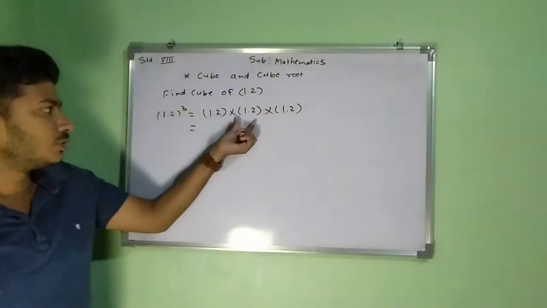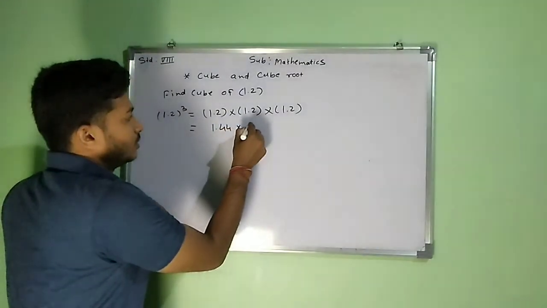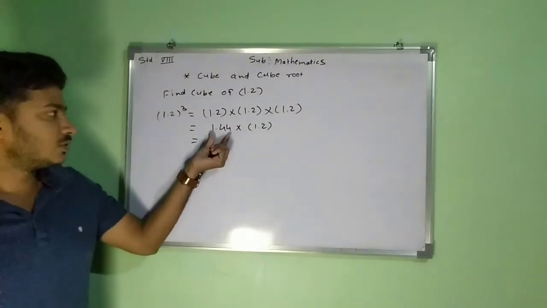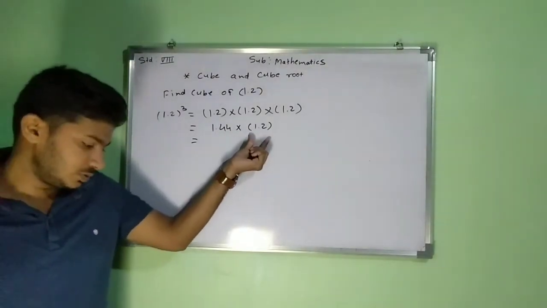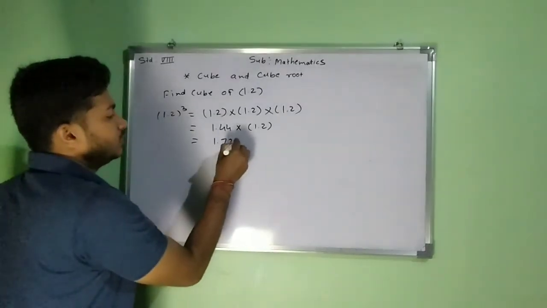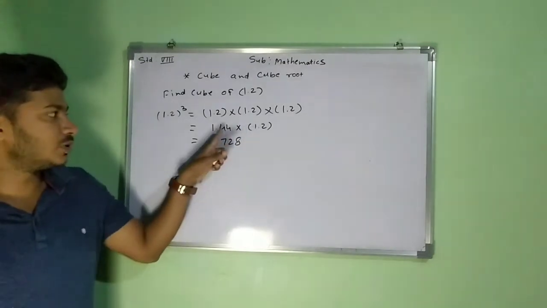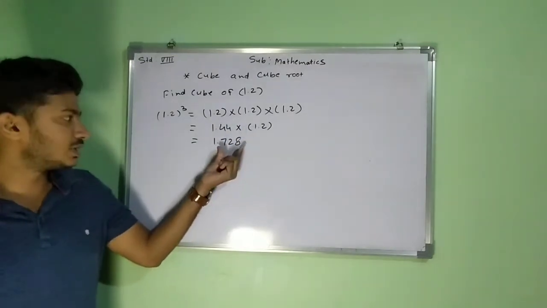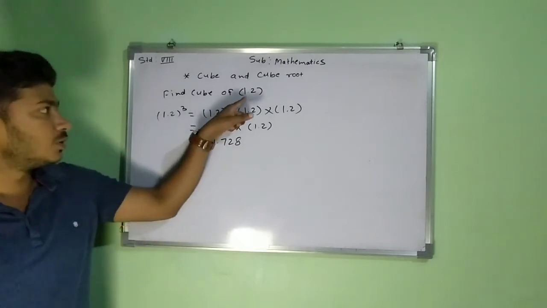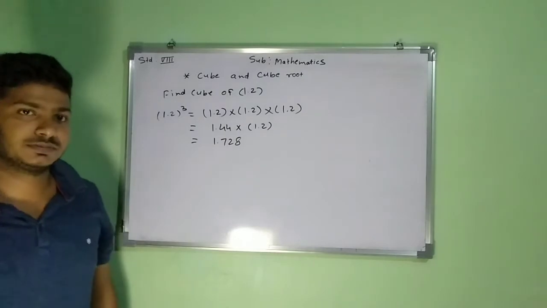Multiplication of 1.2 and 1.2 will be 1.44, and again 1.2 is there. So the multiplication of 1.44 into 1.2 will be 1.728. We just have to adjust the decimal point, nothing else. So the cube of 1.2 is 1.728. This is how we have to find the values.